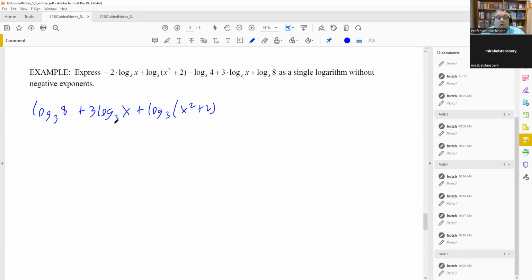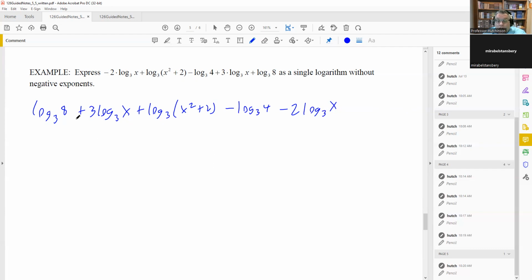It doesn't matter what order we write these in. Then we're going to do minus. We have minus this one here, log 3 of... oh, it's a 4 there. And then, oh yeah, there's one up front. So minus 2 log 3 of x. Now we have the positive ones and the negative ones together.